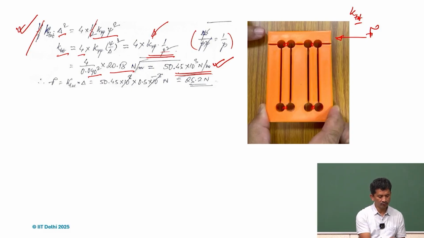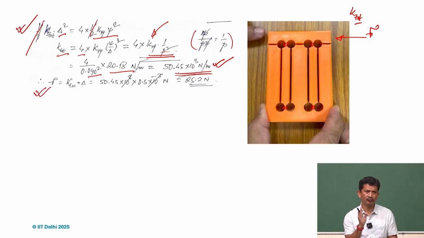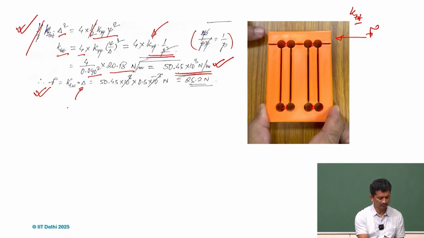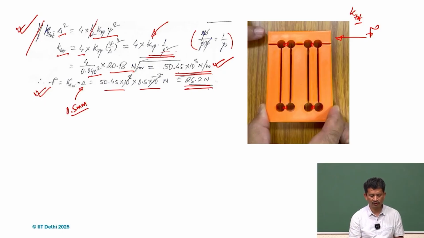So if you want to calculate the force, what is the actuator force or actuation force for that deflection, that delta deflection, which is 0.5 millimeter in this case? We just plug that value and then the actuation force will be 25.2 Newton.